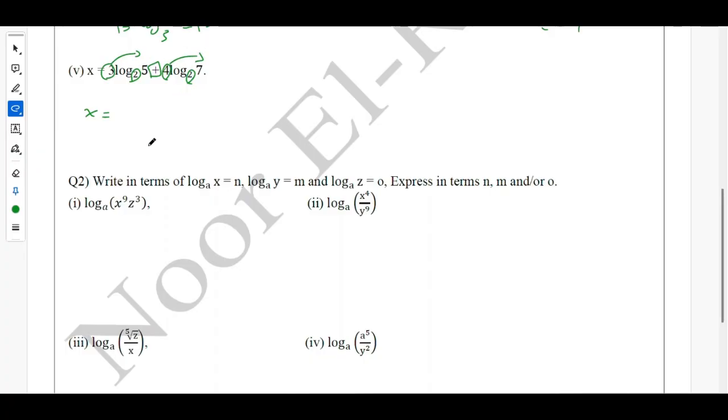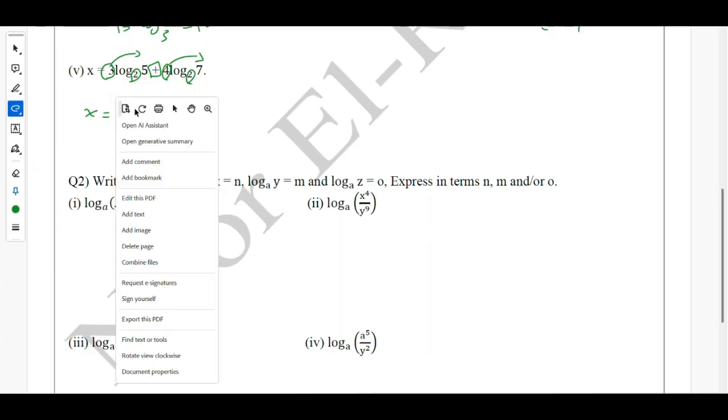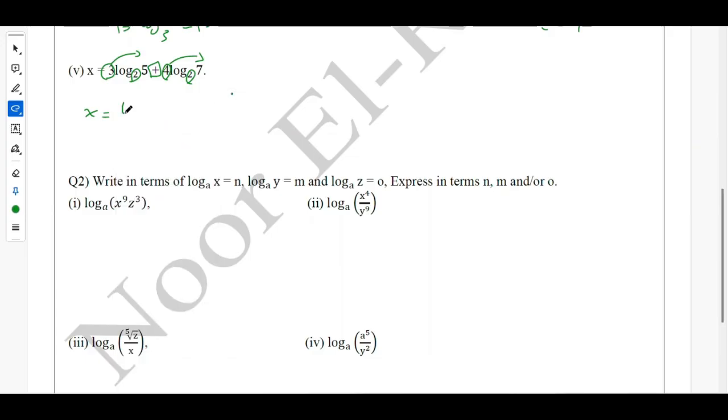So log 5 to the power 3 base 2 plus log 7 to the power 4 base 2. Then log 5 cubed by 7 to the power 4 base 2.